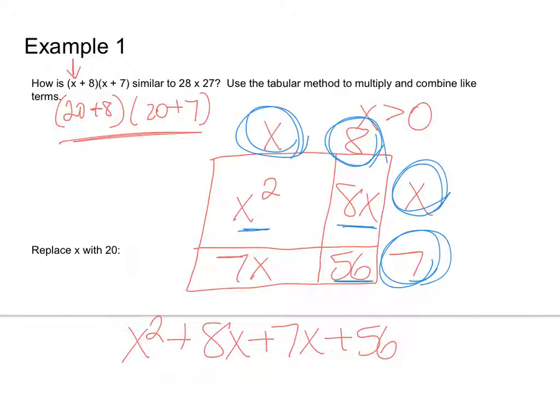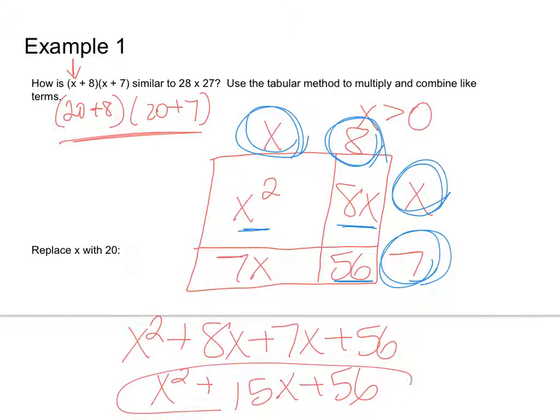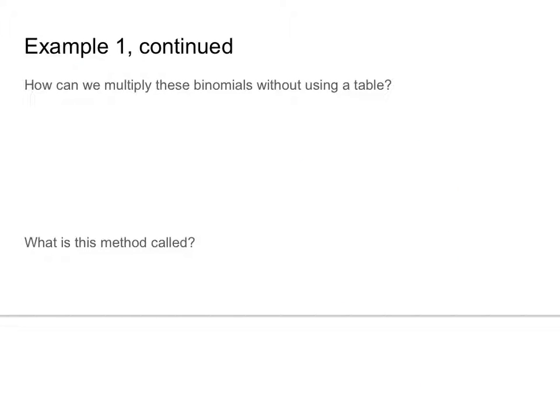I went in order. So do some addition. I have x squared, 8 plus 7, 15x plus 56. I just multiplied two polynomials. Way to go!